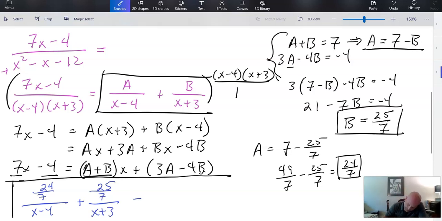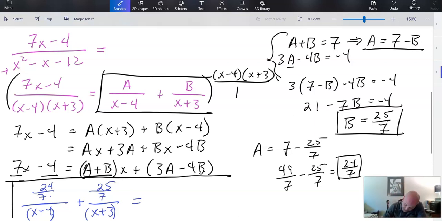And one of the things you could do, if you have a fraction and you divide it by something else, is just put parentheses around it and multiply it by whatever the denominator is. You can verify this by multiplying by the reciprocal, however you want to look at it.